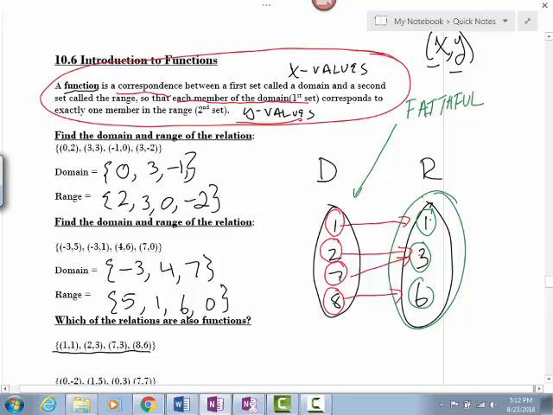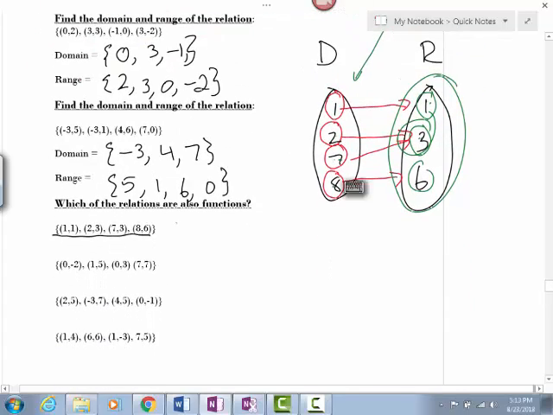These people don't necessarily have to be faithful. And if you notice right now, the number 3 is cheating because it's hooking up both with 2 and 7. But as long as everybody here is being faithful, then we have what we call a function. So we're going to say this first one here is in fact a function.